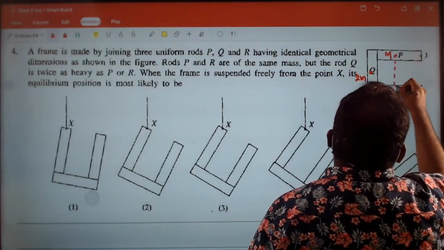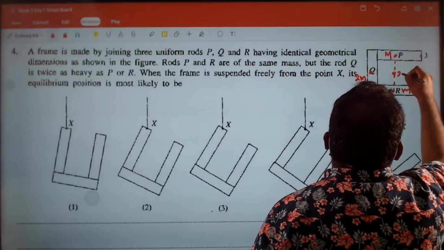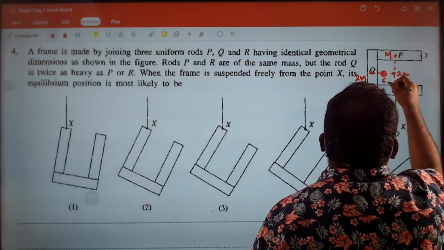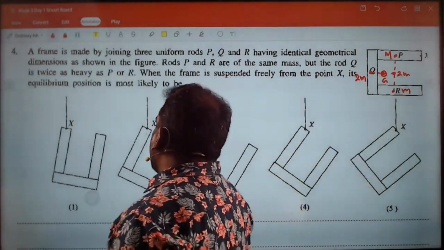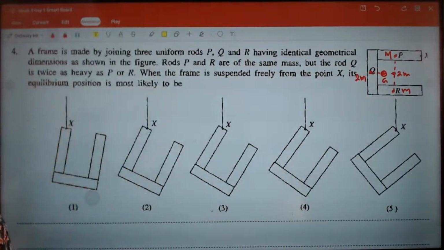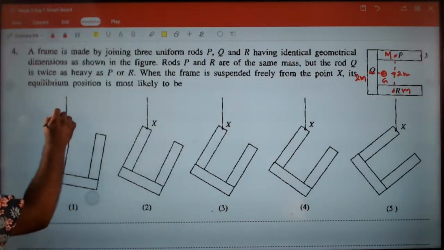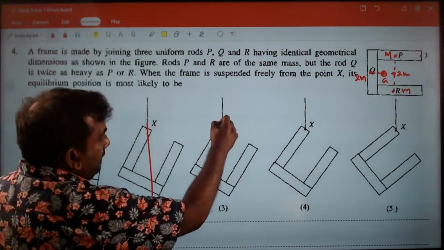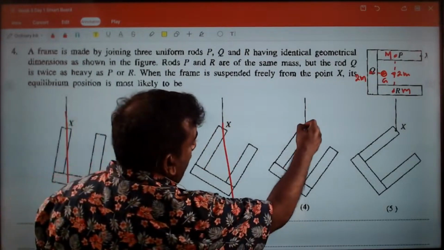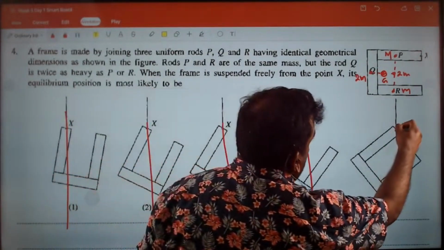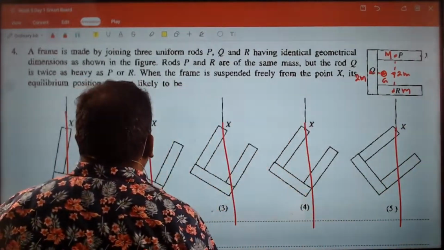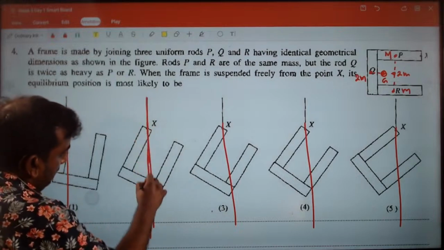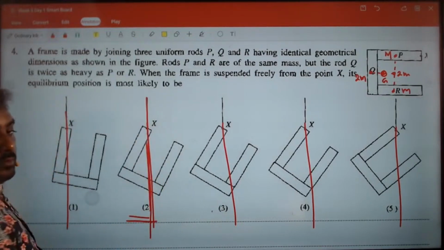If I join these in a 1:1 ratio, the center of gravity is at the center there. So if you hang something, the vertical line should pass through the center of gravity. So I think the most suitable is answer number 2, right there.